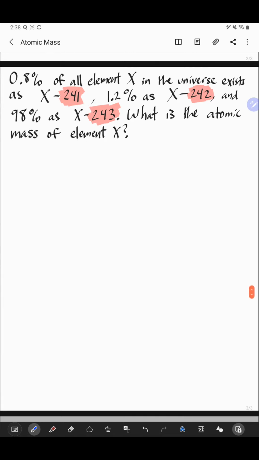So we need to convert everything into a decimal. So move the decimal over twice to the left for each one of these.